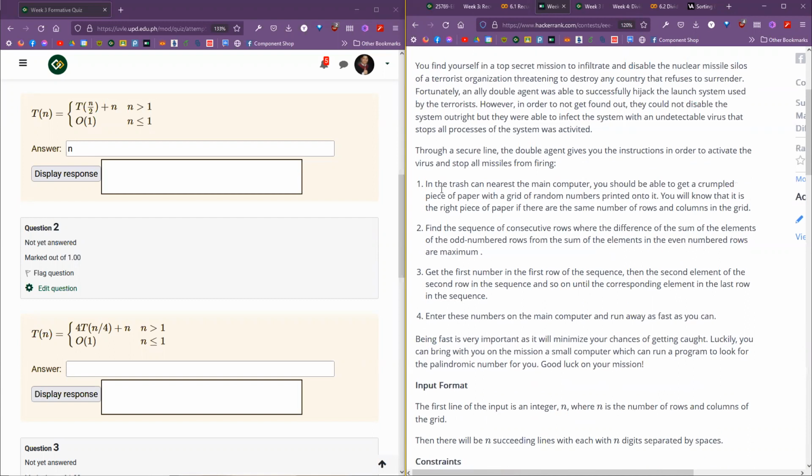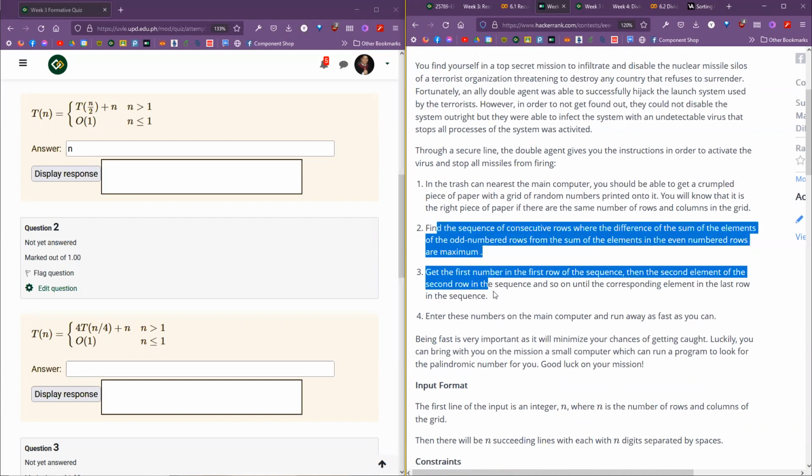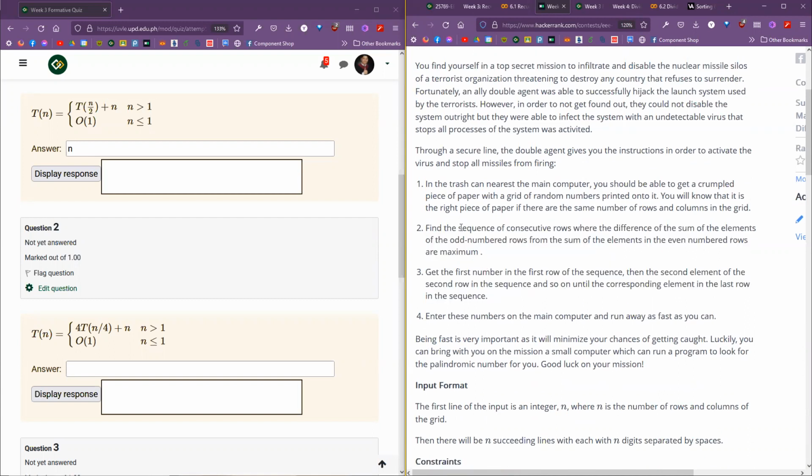Pero ito yung gist lang naman na kailangan siya makita. So find the sequence of consecutive rows where yung difference nung sum ng odd numbered rows at saka nung sum ng even numbered rows ay maximum. So when you hear the word consecutive and yung maximum, I hope that suggests kung ano yung kailangan yung gawin.